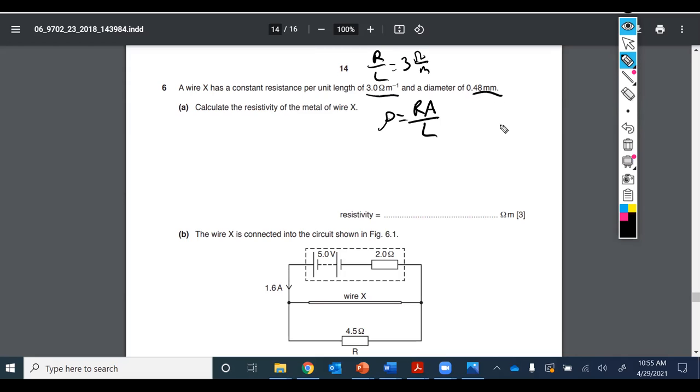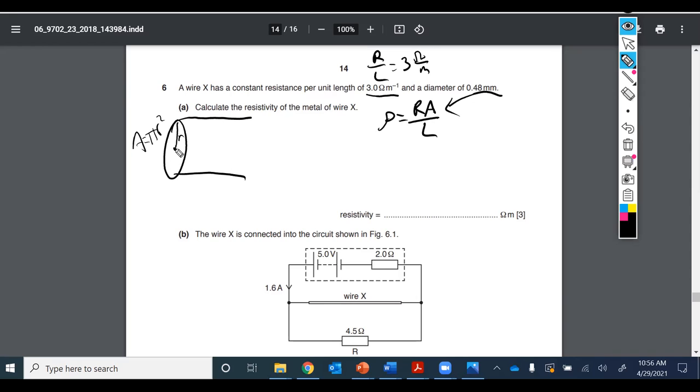But the diameter is the tricky thing about this, because the diameter is not the area. You can't just substitute that in for area, right? So let's think about what is the cross-sectional area of a cylindrical wire. This wire here looks like a cylinder with circular cross-section. So the area of a circle is pi r squared, where r is the radius of the circle.